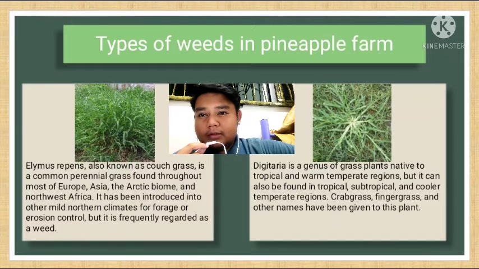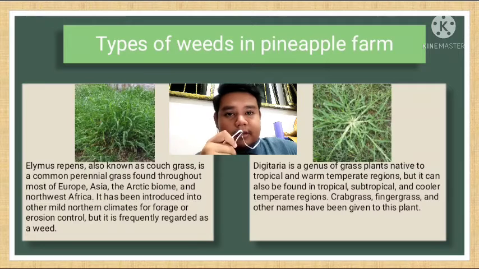It has been introduced into other mild northern climates for forage or erosion control, but it is frequently regarded as a weed. The next type of weed is Digitaria.